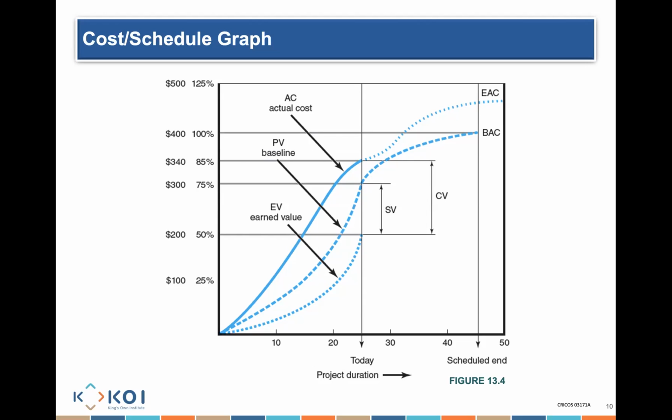Go back to the formulas I gave you. Schedule variance. So if I earned 200 and I was scheduled to earn 300, what can you tell me about the schedule?